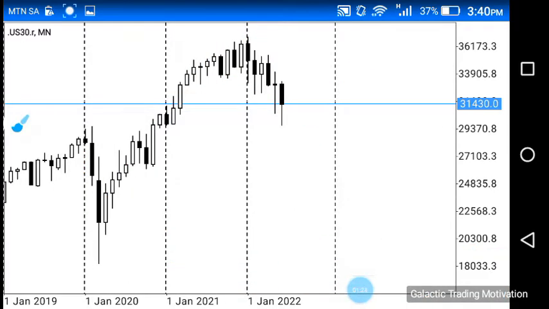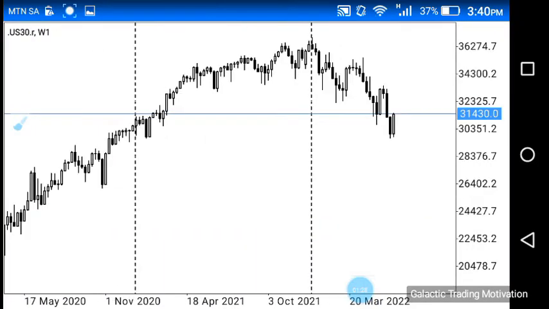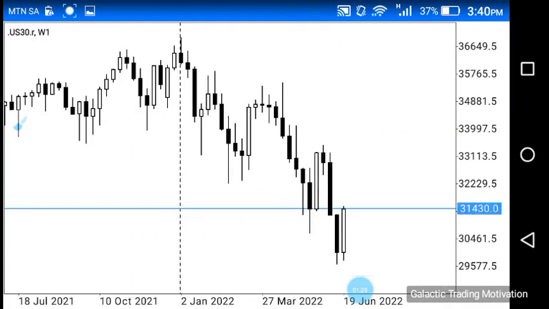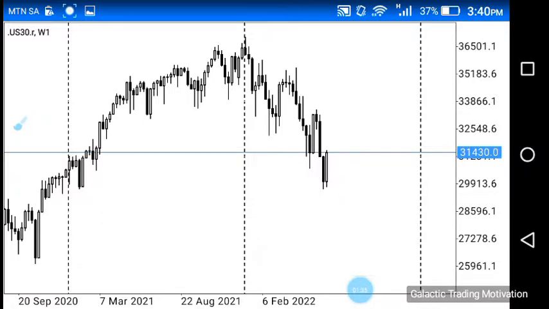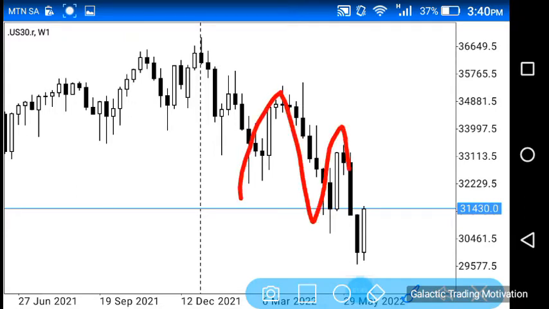I'm just gonna head to the weekly chart from here. So here we are on the weekly chart. What do we see on the weekly chart? In this region, we had an overextended M structure with the neckline being here, right?